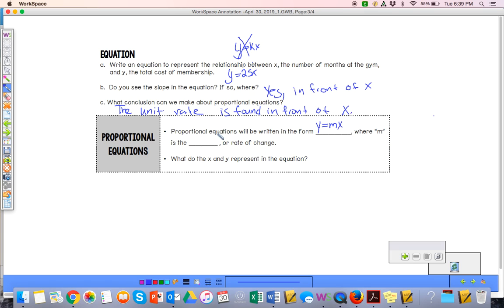And it says where m is the slope. It says what do the x and y represent in the equation? So the x represents the independent variable, and y represents the dependent variable.